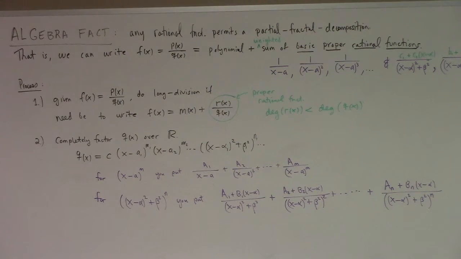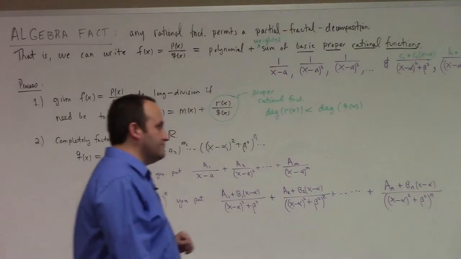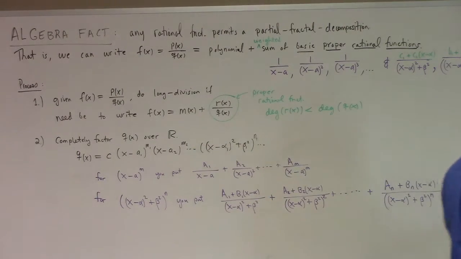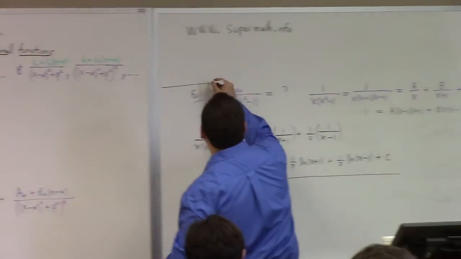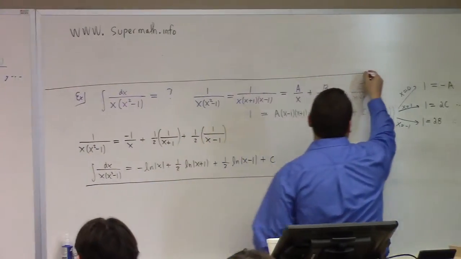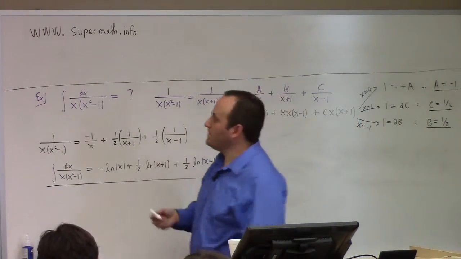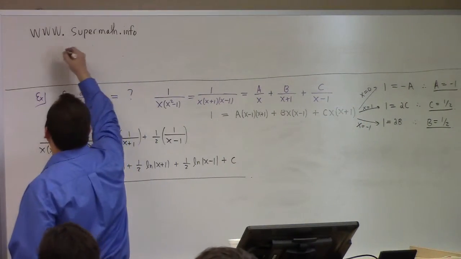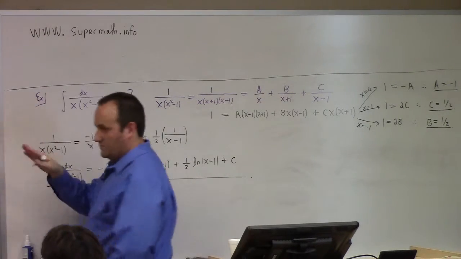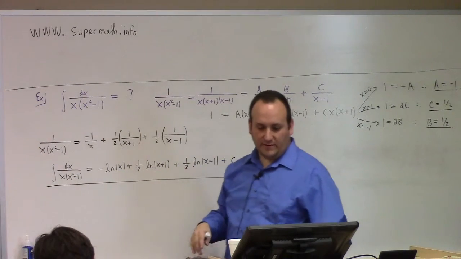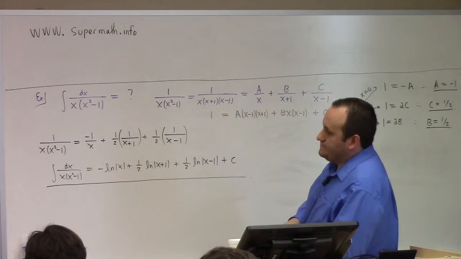Let me show you an example of the setup before I actually work through an honest to goodness example in a second. Before I work out the details for a problem, let's just try to set one up together. Let me give you a second to catch up with your writing. It's a lot to write.